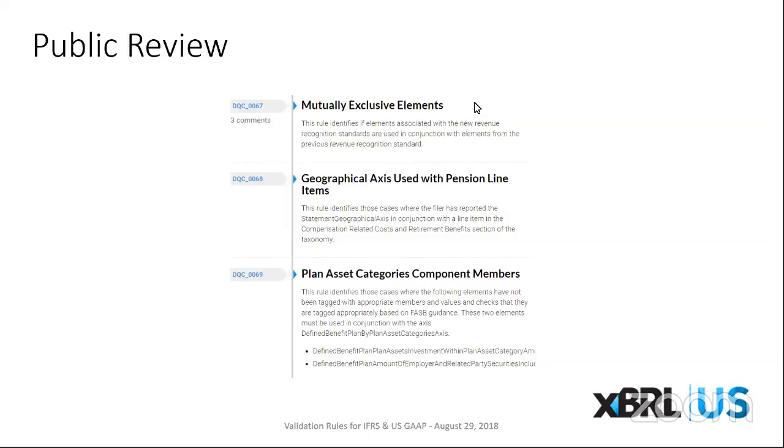The first rule that we have here is something called mutually exclusive elements. What this is really addressing is the conversion to the revenue recognition standard under Topic 606. The expectation from the FASB is that once you start reporting under 606, they've got a whole new set of elements that you use for revenue from contracts with customers.